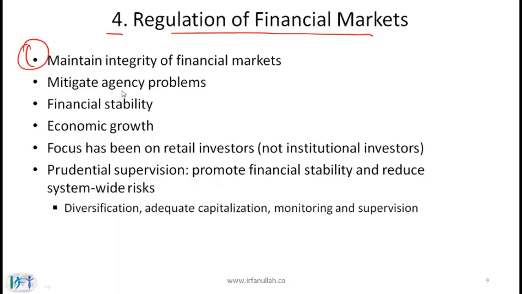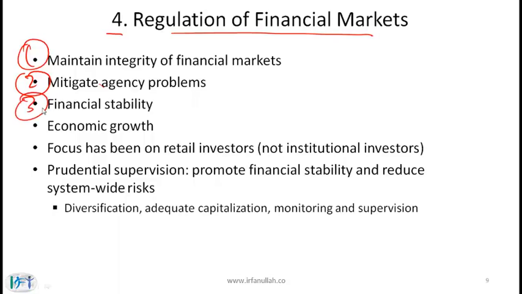Another major item here is mitigating agency problems. So when there is an incentive for managers to act in their own self-interest rather than the interest of the principal or the owner, that creates issues. So we want regulations that mitigate that problem, and corporate governance oriented regulations try to address that.